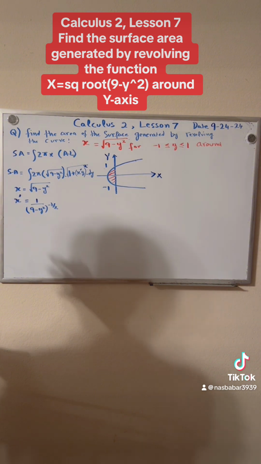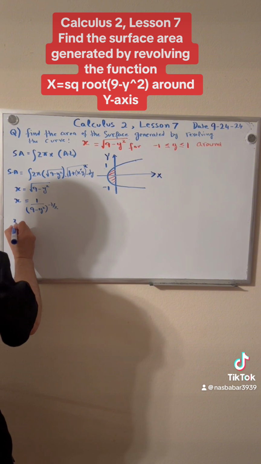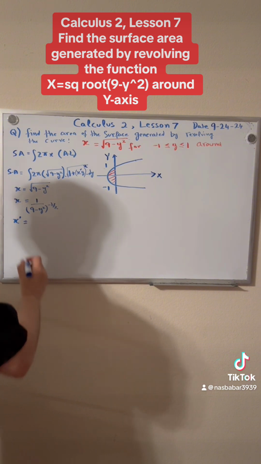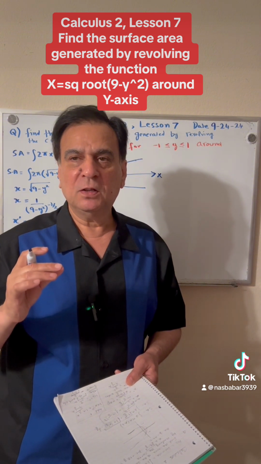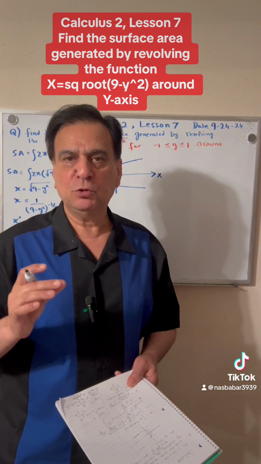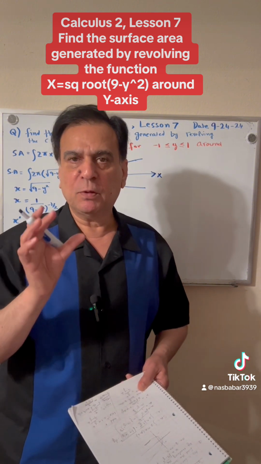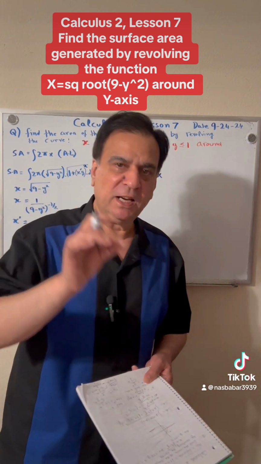I have not taken the derivative yet. Let's go ahead and take the derivative of this. I have to apply the chain rule. If you recall from my previous lessons, the easiest way to remember the chain rule is you take the derivative of the big picture, and then you take the derivative of what's inside the picture.